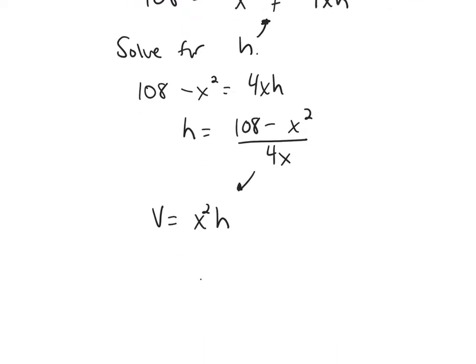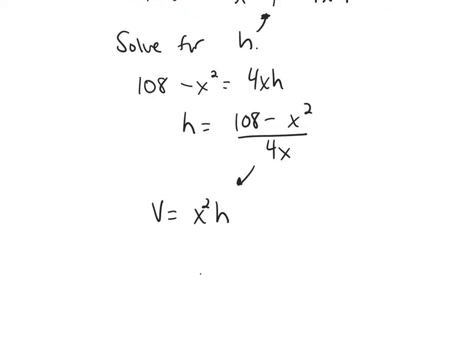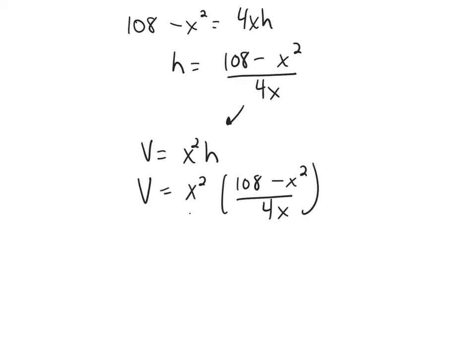So now plug in for h. Volume will be x squared times 108 minus x squared over 4x. And if you distribute and simplify, you'll get 27x minus x cubed over 4.